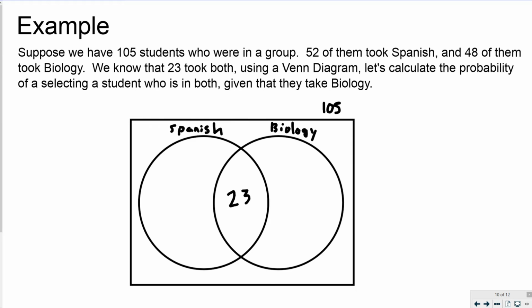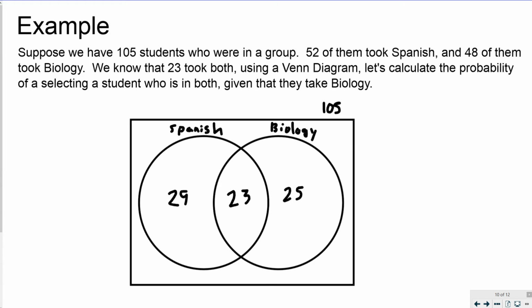So this spot over here is the only Spanish people. If you do 52 minus 23, you get 29. So there are 29 students who only take Spanish. There are 23 students that take both. And then since there are 48 that take biology, that means there are 25 that only take biology, not both.